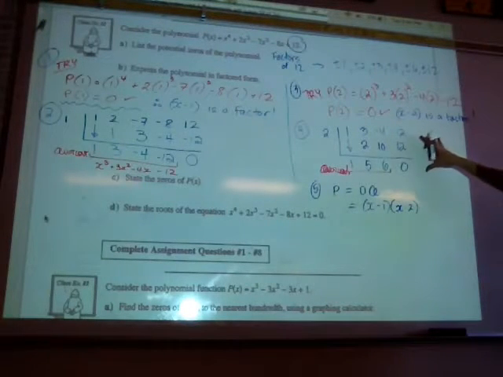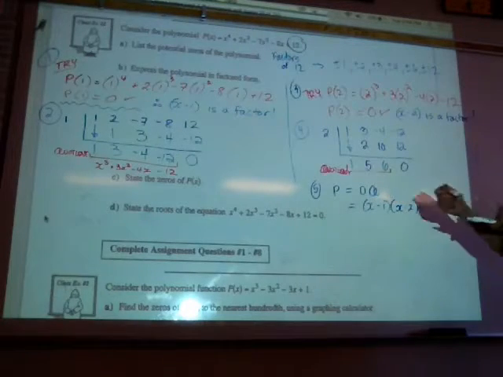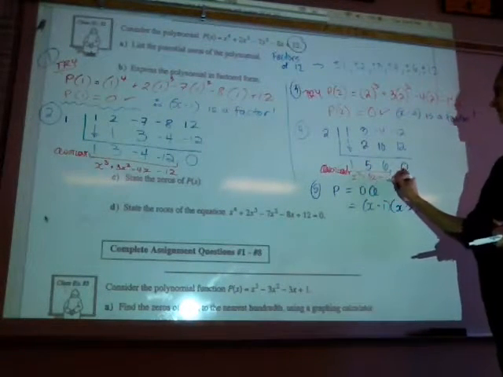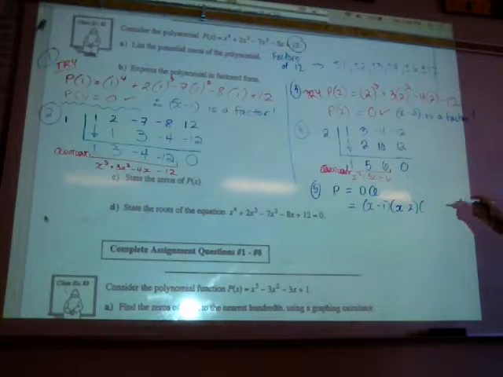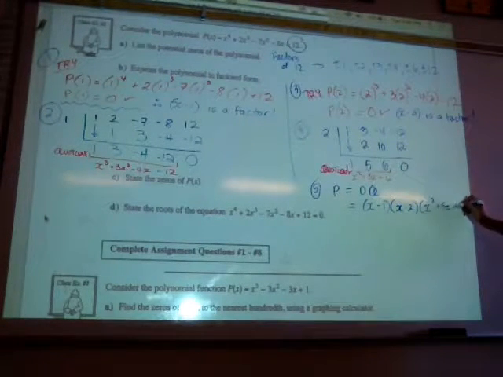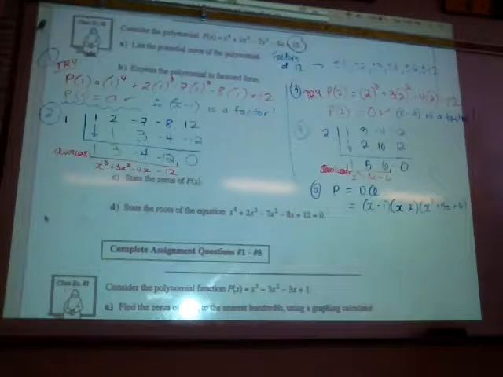And our last step of synthetic division, we resulted with a quotient that was x squared plus 5x plus 6. Let's put that in there. If I want to fully factor this, let's just take a look at x squared plus 5x plus 6.